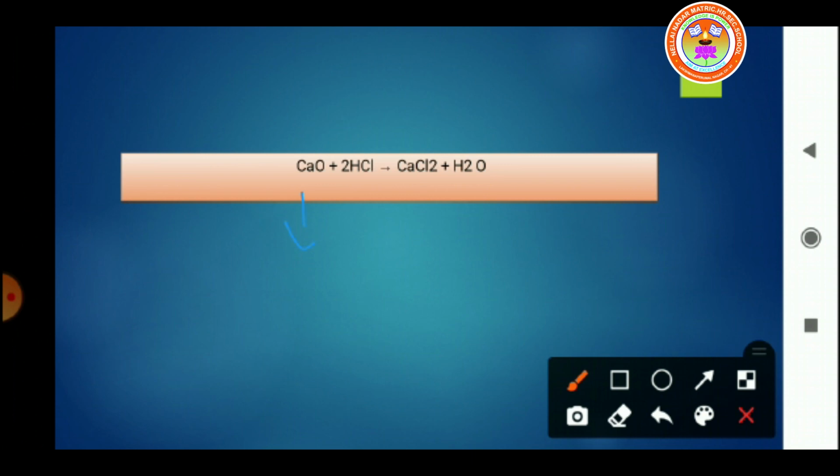What is the formula for hydrochloric acid? HCl. So how can we write the reaction? Calcium chloride and water, isn't it? So Ca reacts with Cl to form CaCl2 plus H2O, here 2H is there. So H2, here one O, combine to form H2O. Now only the equation gets balanced.